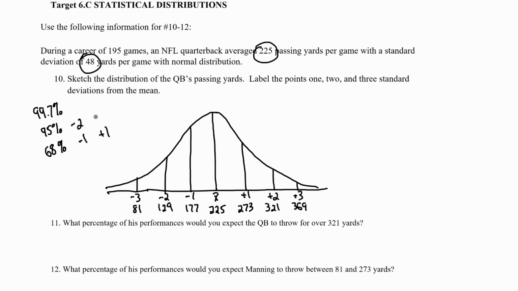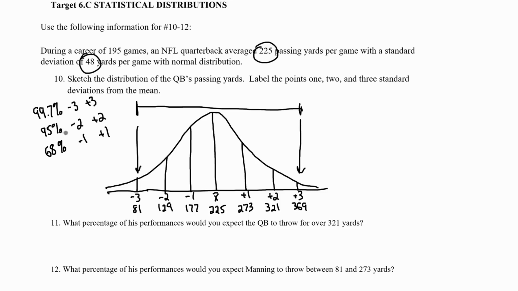This is two standard deviations below it to two standard deviations above it. And then this is from three standard deviations below to three standard deviations above it. So 99.7% of the data goes from three below the mean all the way up here, which would be three standard deviations above the mean.